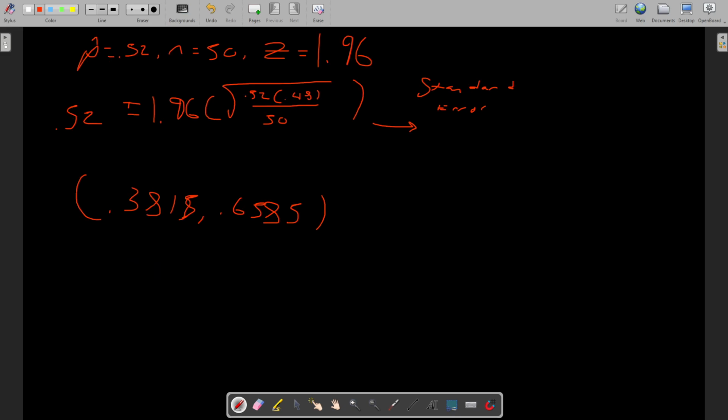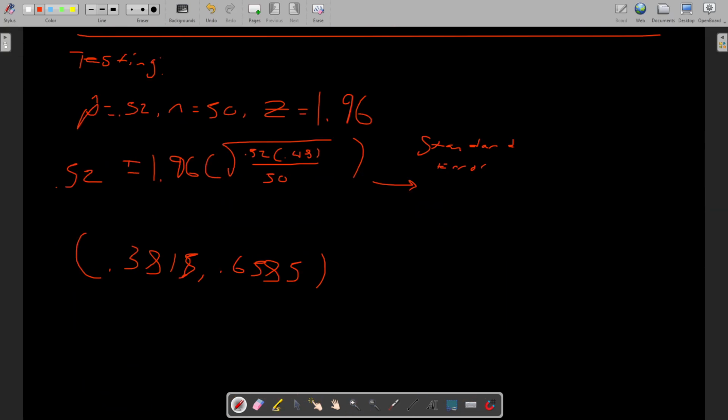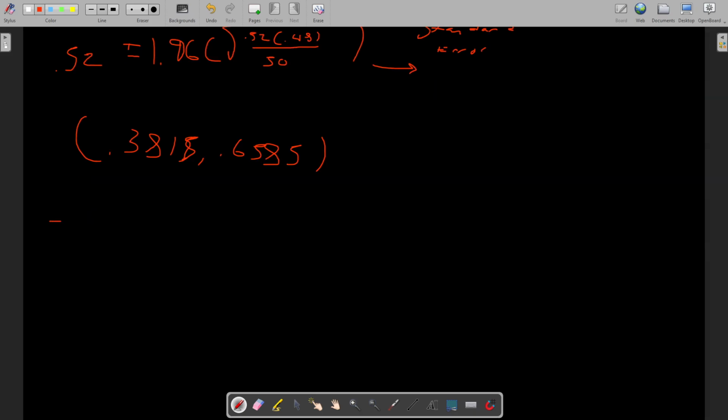It'll give you an interval like this. And basically what we're saying is we are 95% confident that the true value of p is between these two values. That's basically our conclusion.